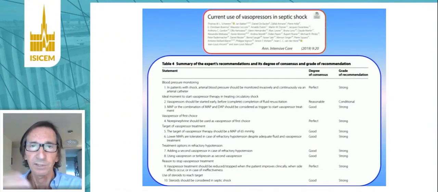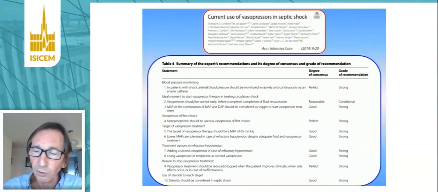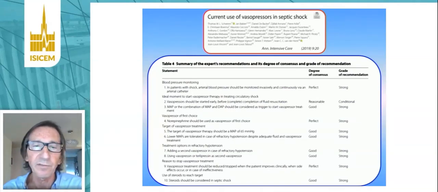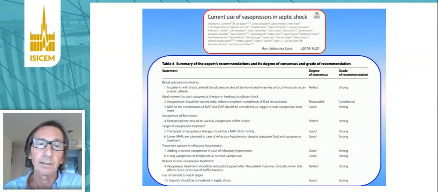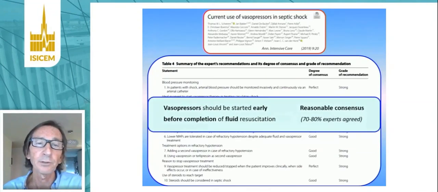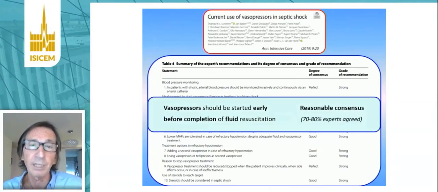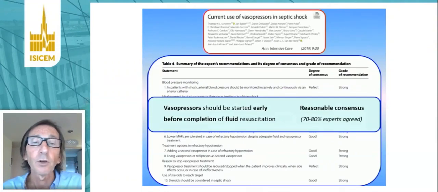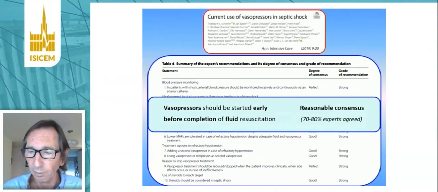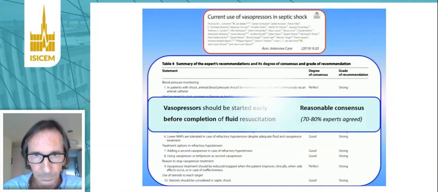So the experts of the ISICEM recently proposed some recommendations published in Annals of Intensive Care. And one of the recommendations is to start vasopressors, namely norepinephrine, early before completion of fluid resuscitation.